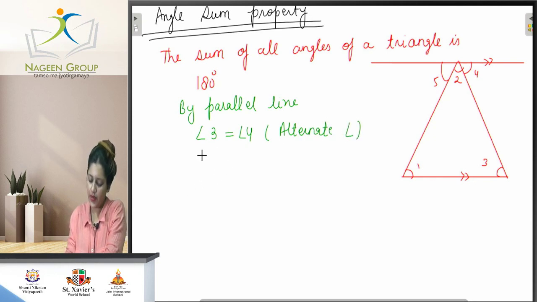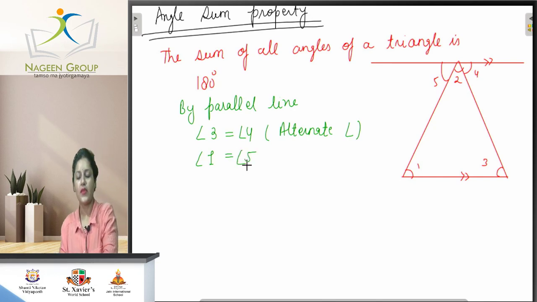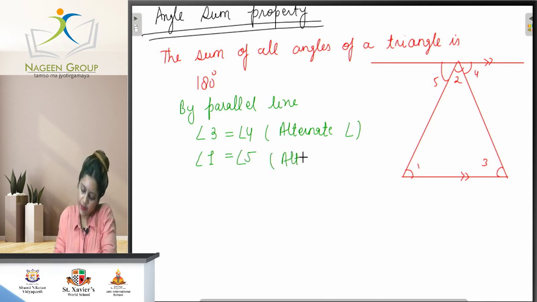In the same manner, angle 1 is equal to angle 5 by alternate angles.